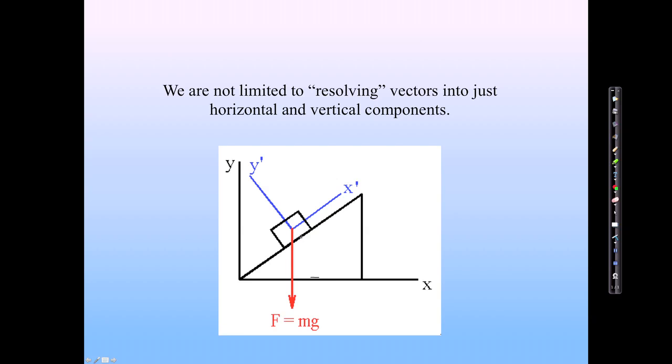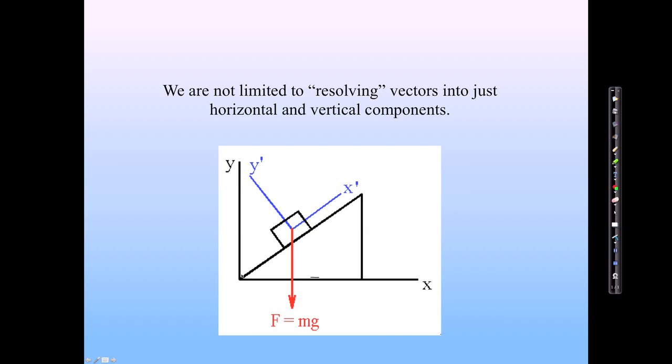But we want to know if this is going to slide down the ramp or slide up the ramp based on whatever forces are acting upon it. And that being the case, what we're most interested in is not the x and y, but this turned axis, the x prime axis and the y prime axis. Why is that? Because if it's moving, it's moving in the x prime direction.